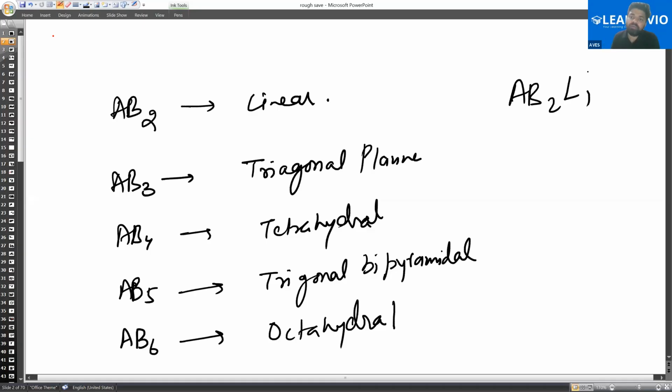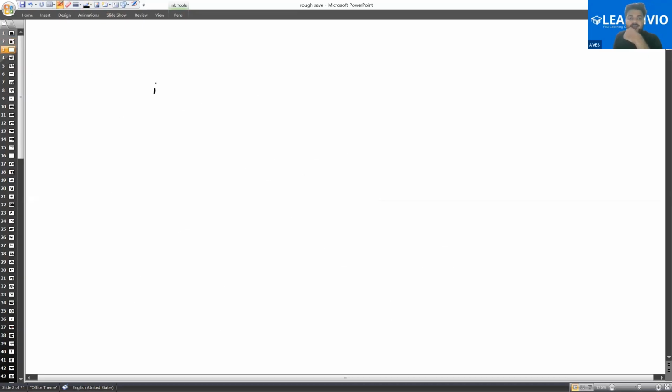L1 means lone pair, the electrons are there. For example, if I'm saying an AB3 molecule, then it has A here and 3 B's here, so the shape will be like this. What if we have two electrons here?